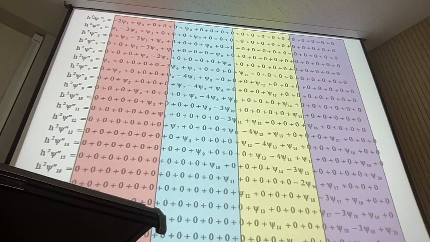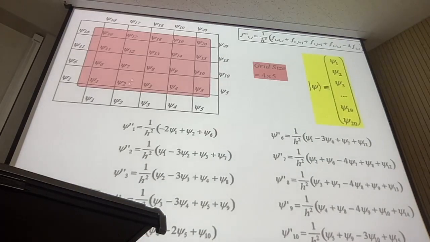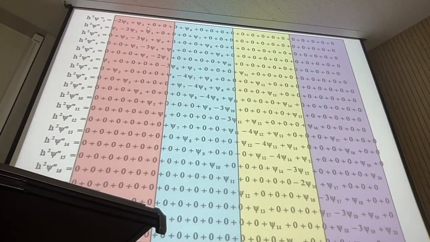So h square times psi 1 double prime is minus 2 psi 1, psi 2, and 0, 0, and psi 6. Can you see that h square times psi 1 is minus 2 psi 1 plus psi 2 plus psi 6? So this psi 6 term is represented in the matrix as a 0, 0 times psi 6.